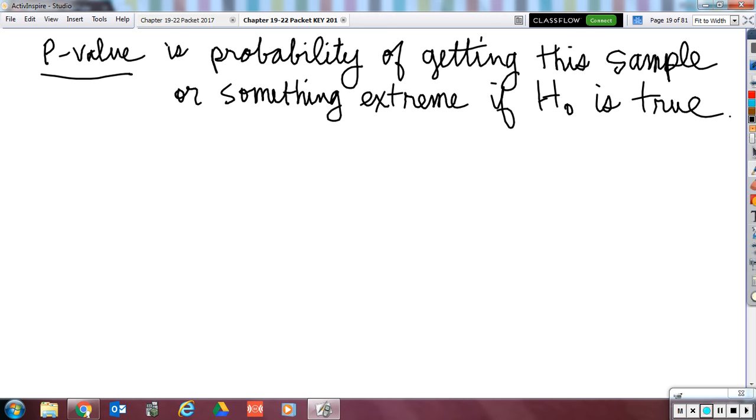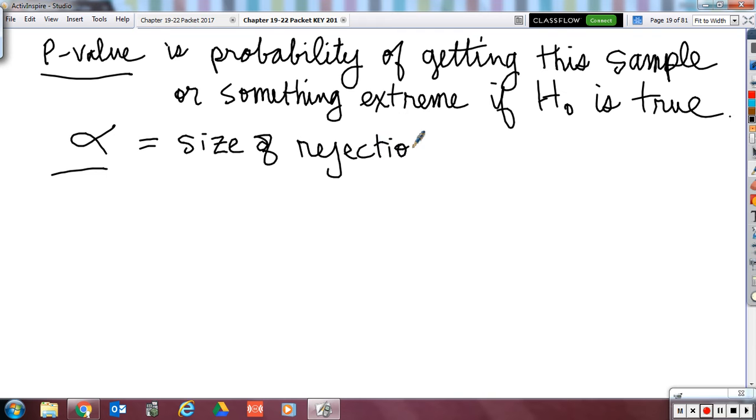All right, one other thing I want to define up top is alpha, and that is the size of the rejection region that your sample may fall in.